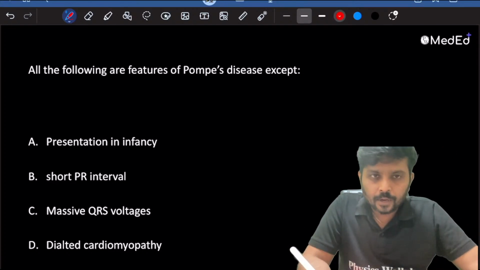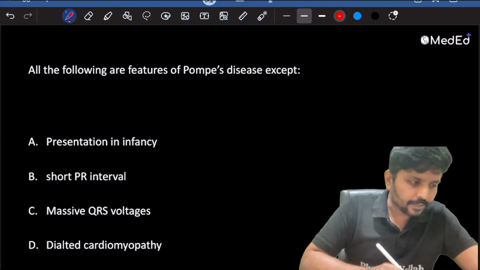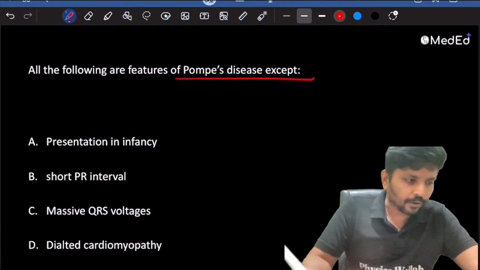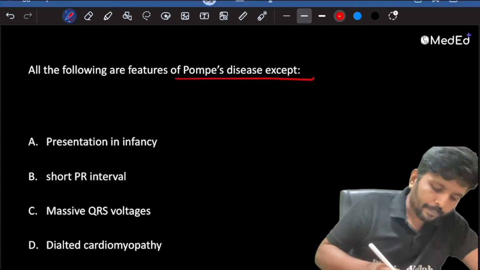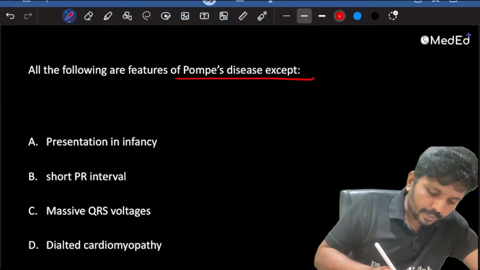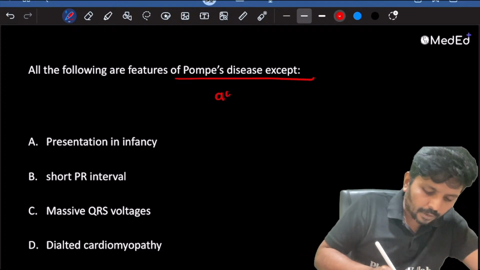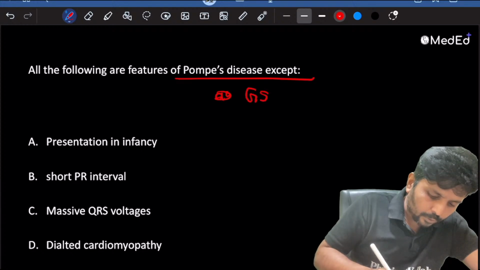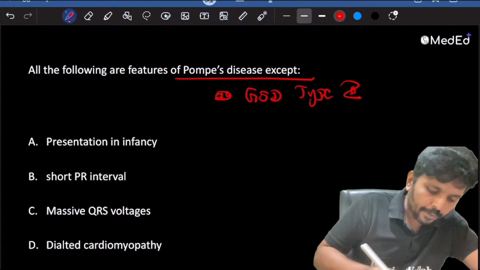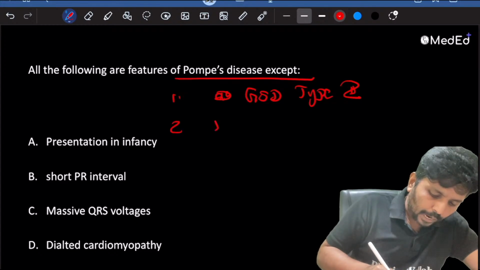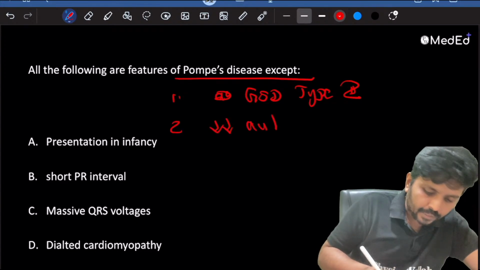Next question. All the following are features of Pompe's disease. What is meant by Pompe's disease? Pompe's disease is due to glycogen storage disease type 2 or type B. It is due to absence of acid maltase.